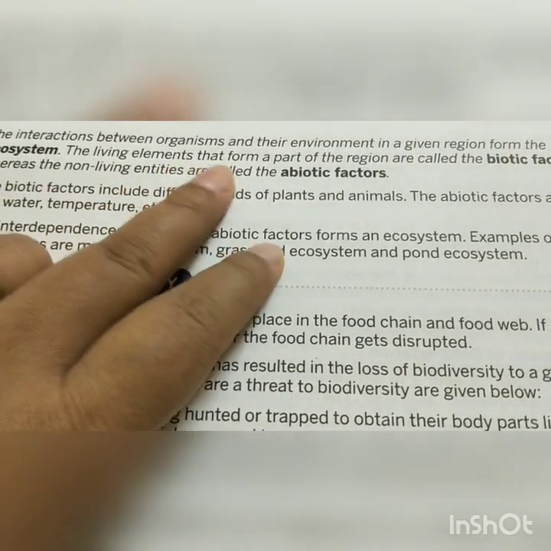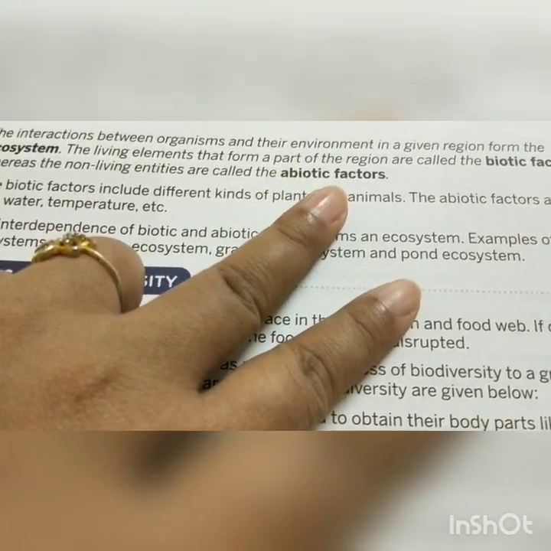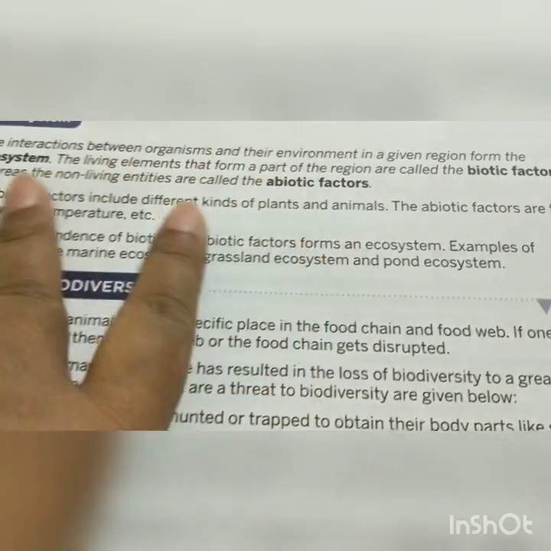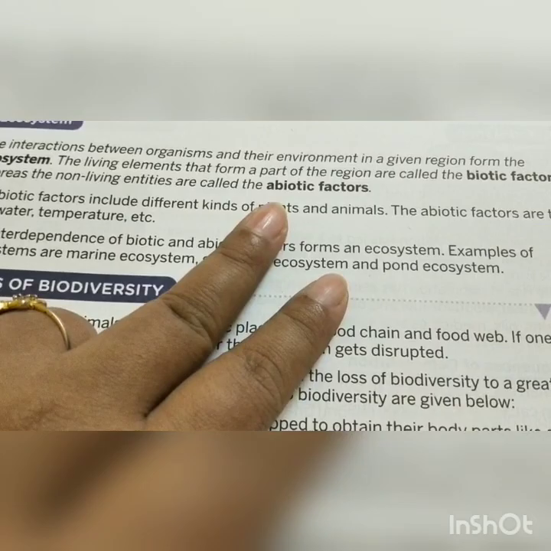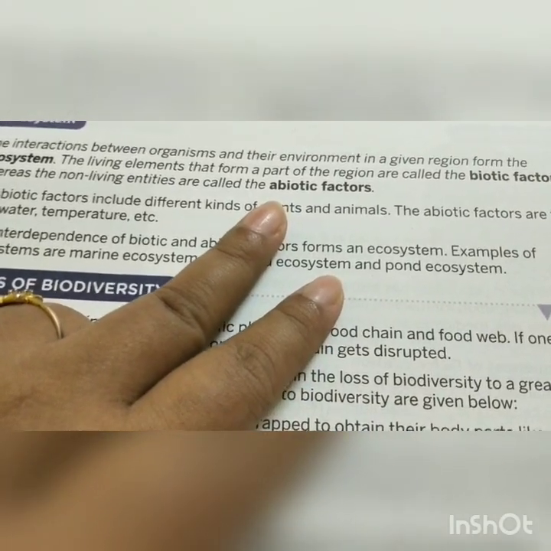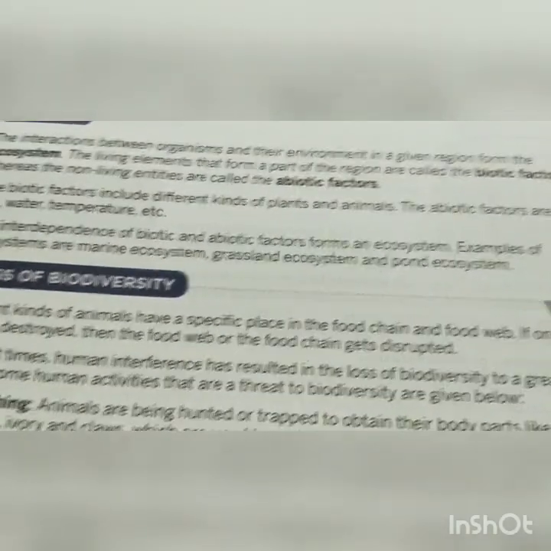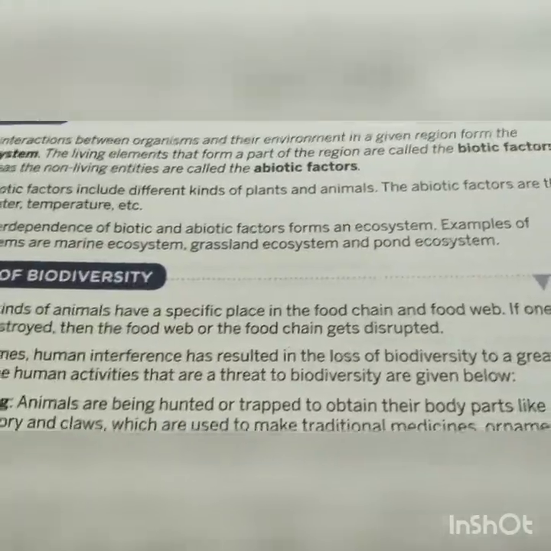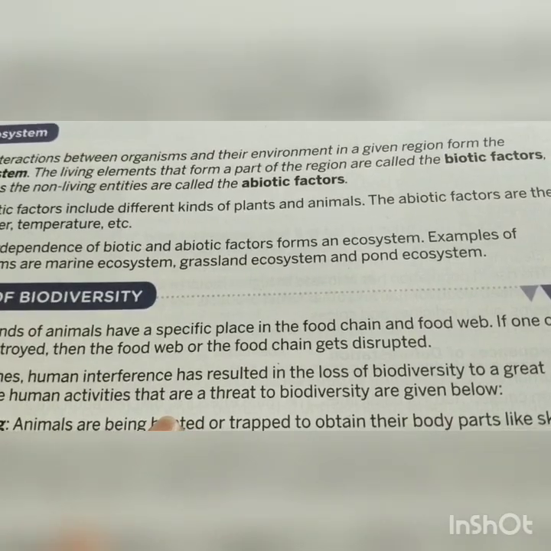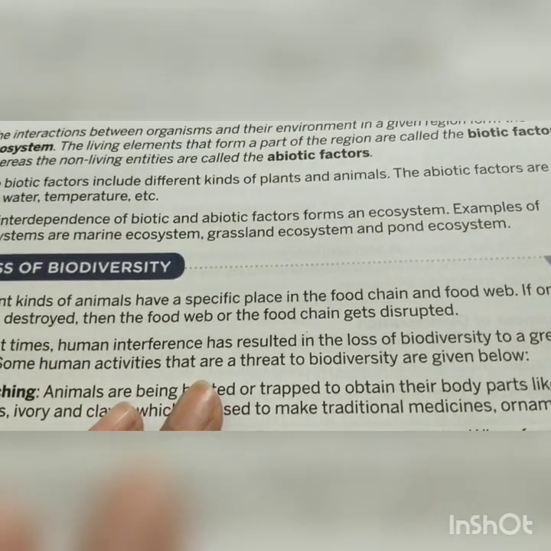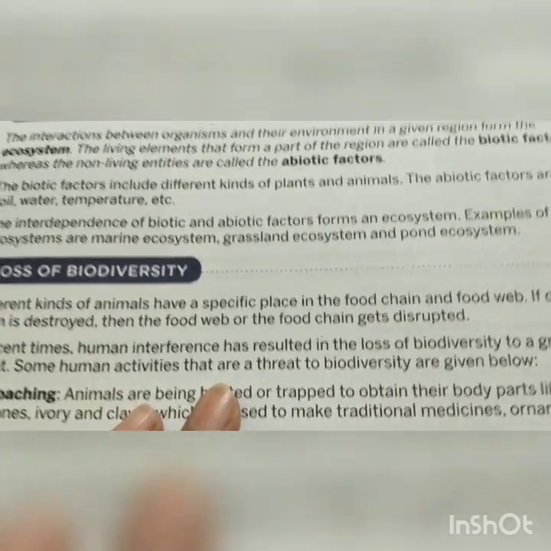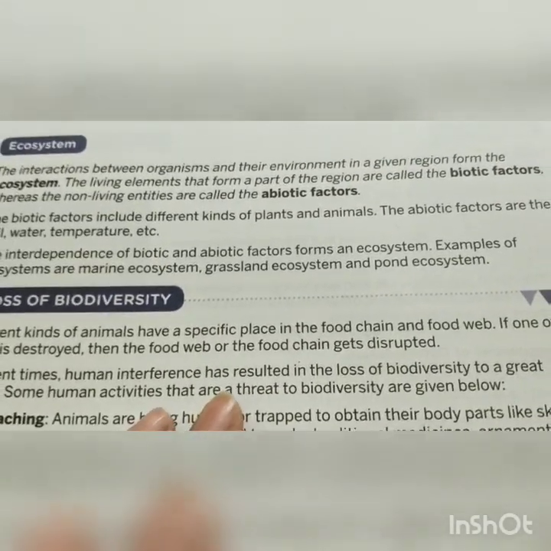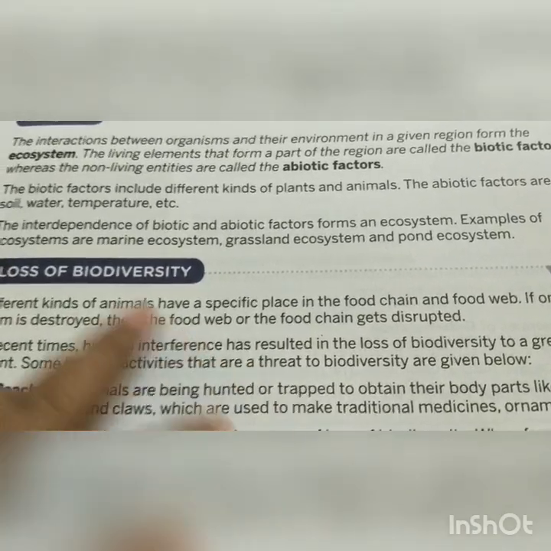The living elements that form a part of the region are called the biotic factors, whereas the non-living entities are called the abiotic factors. So all the living animals, plants, or whatever living beings are there in a particular region are called the biotic factors of that region, and the non-living things present in that region are called the abiotic factors.